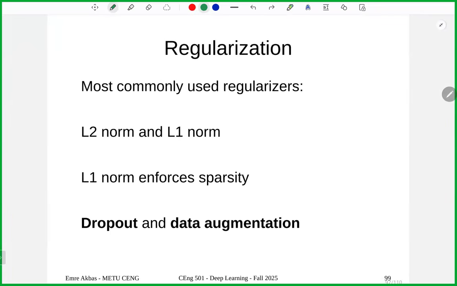We can maybe talk about it later. But common practice is you use L2 norm on your parameters or L1 norm. If you use L1 norm, it enforces sparsity in your weights. It tries to make as many of them as 0, so it tries to make it sparse.